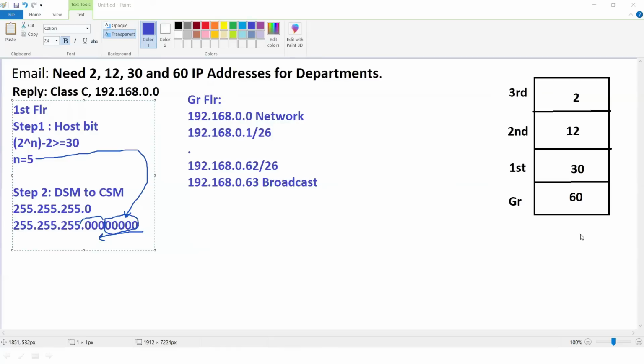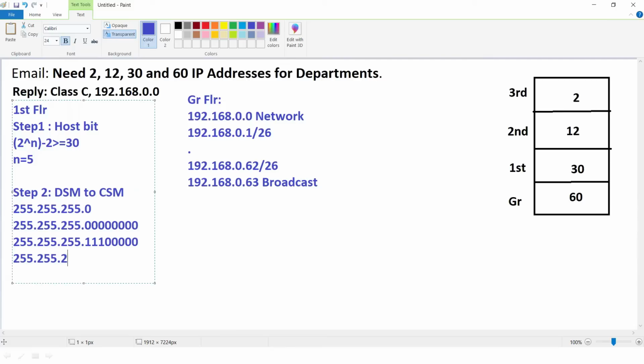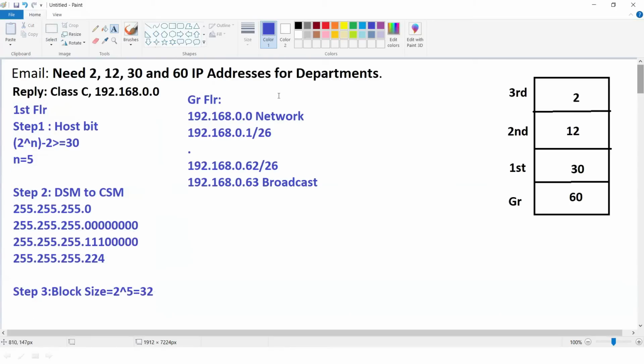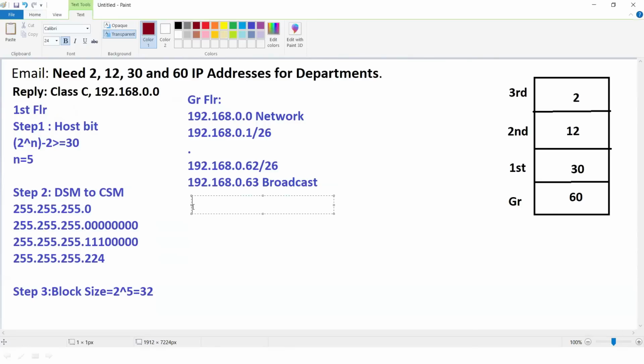So this will become 255.255.255.11100000, which is 255.255.255.224. Step number 3 is block size. Block size is equal to 2 power 5, that is equal to 32.